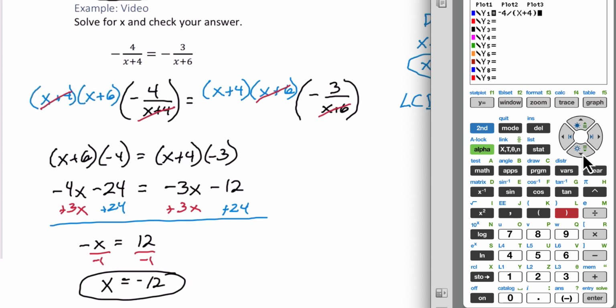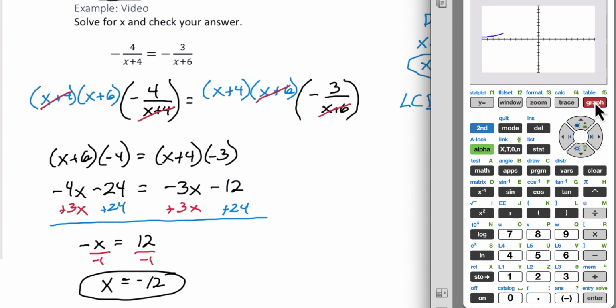And beside y2, we'll type in the right side. Just as a reminder, if you want the pretty fractions, we can hit alpha y equals number 1. This is just an alternate way to type in the fraction. This way we don't need the parentheses. So we have negative 3 over x plus 6.